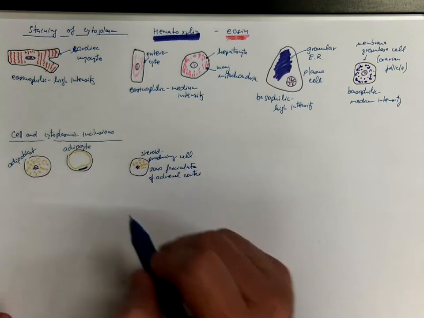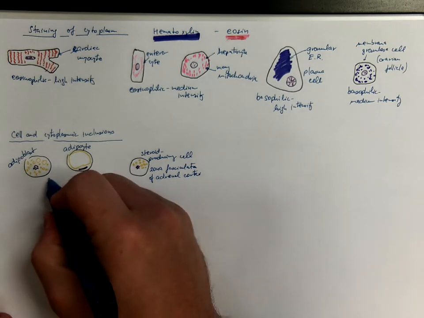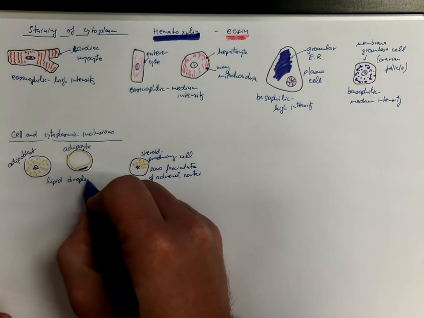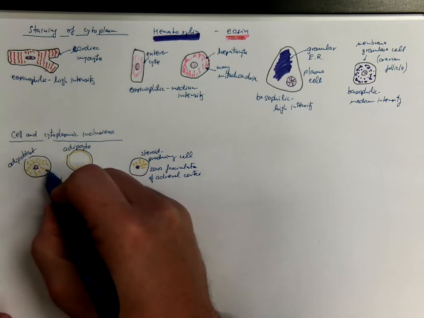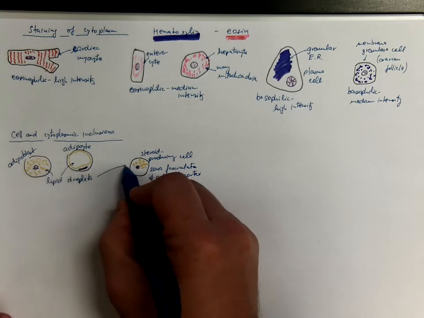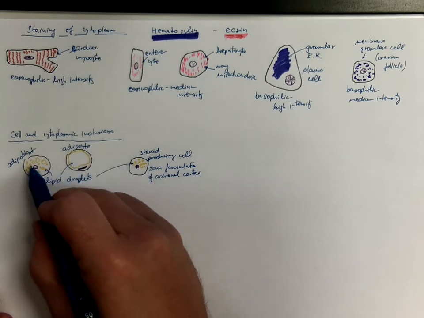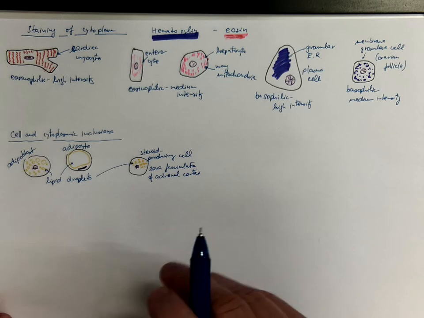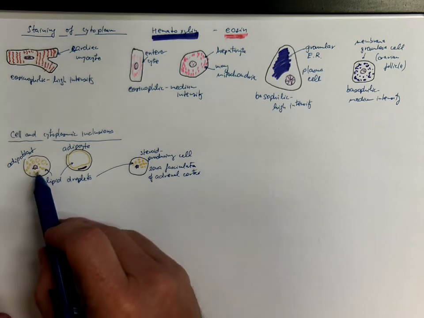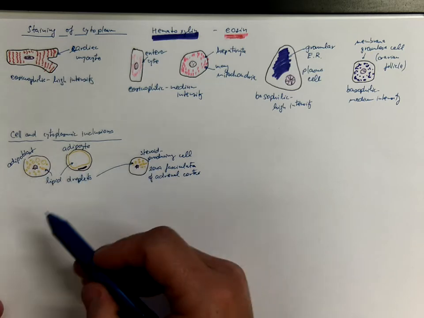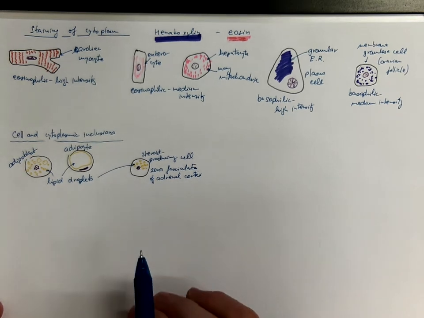And what these cells have in common, they have lipid droplets. Here it's mainly cholesterol. Here there could be various triglycerides. These lipid droplets appear as optically empty white regions in the routine sections because the lipids have been dissolved during histological processing.